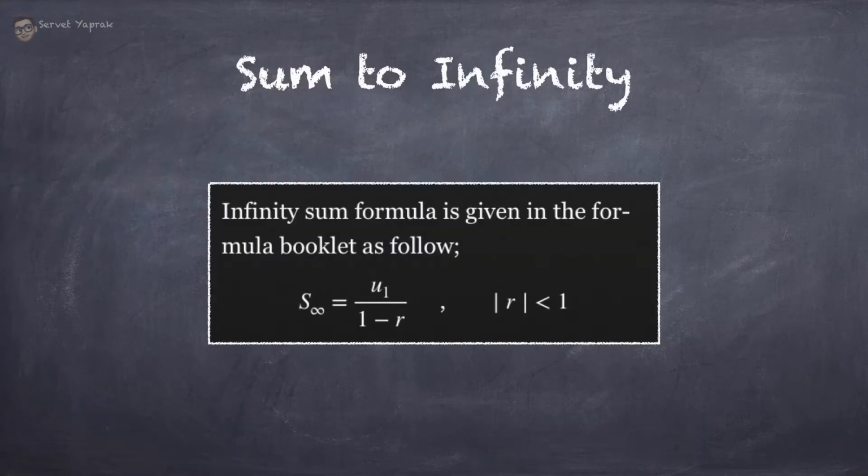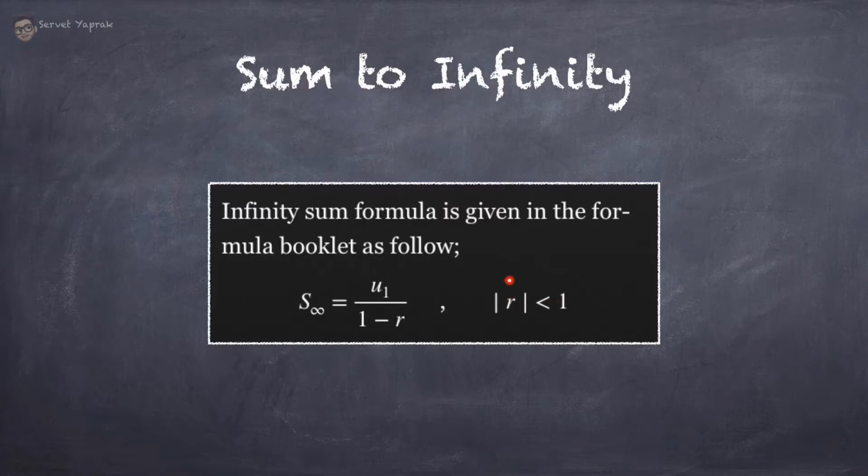So let's talk about convergent series. We will talk about sum to infinity, because in that case we are able to calculate the exact value. In the formula booklet, you will be given this infinity sum formula, first term over 1 minus r. This formula can only be used if the absolute value of the common ratio is less than 1.